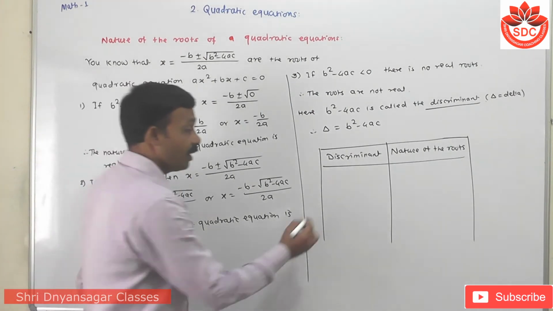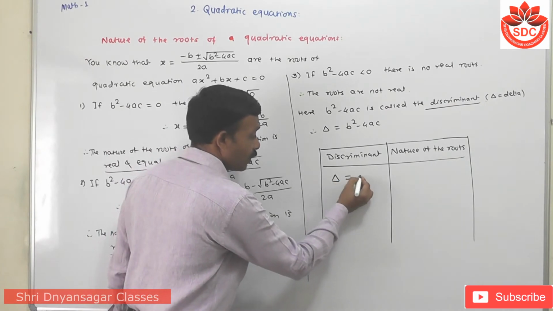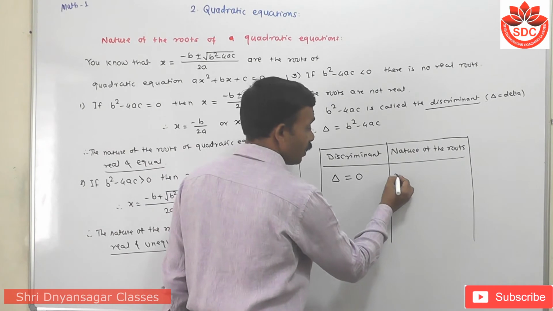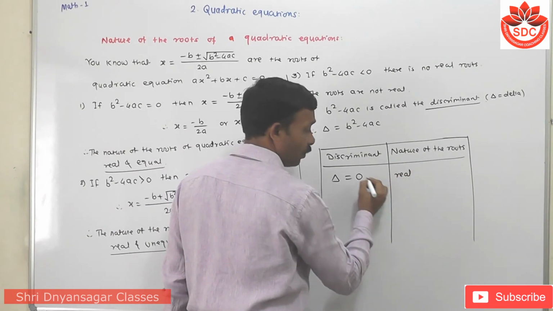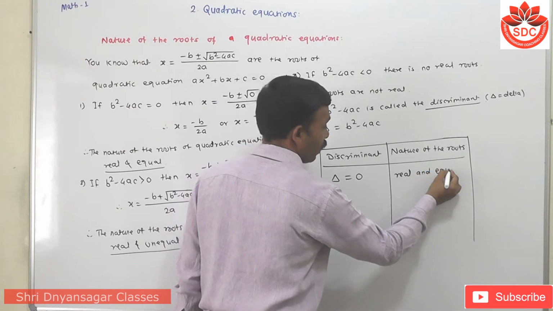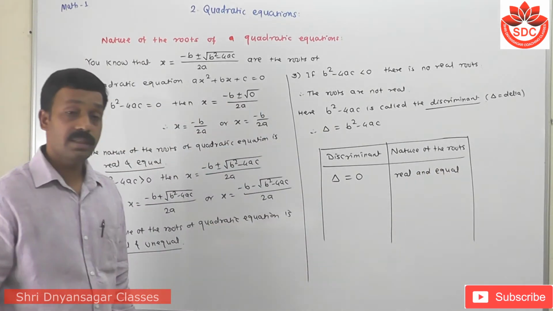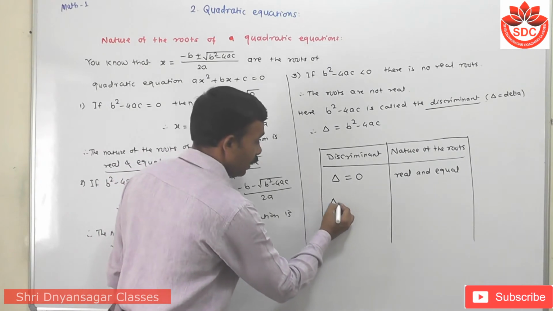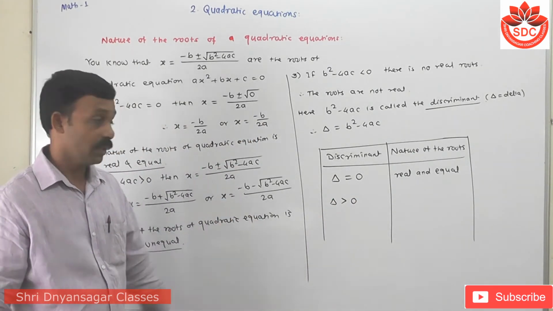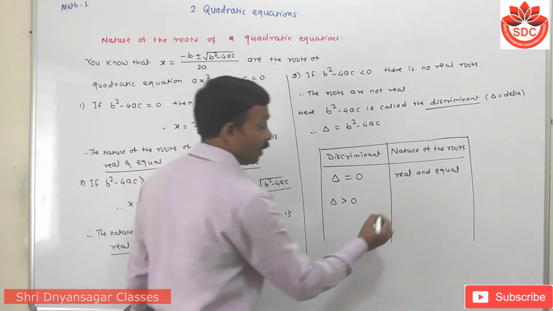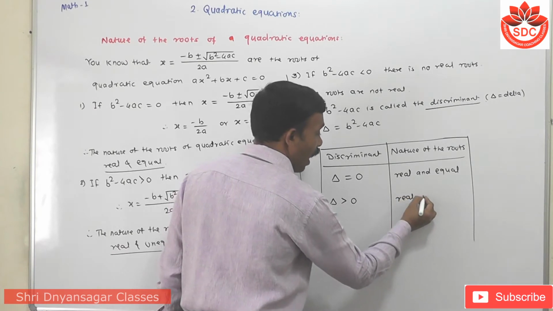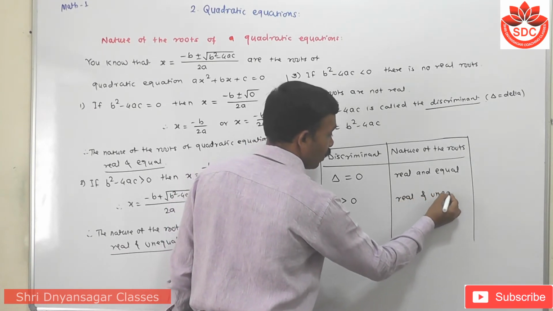If delta is equal to 0, at that time the nature of the roots is real and equal. Second case, if delta is greater than 0, meaning the numbers are positive, then the nature of the roots is real and unequal.